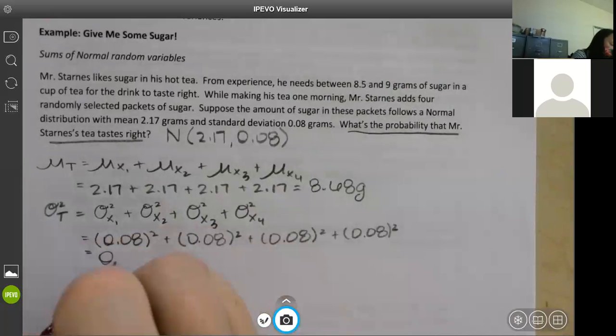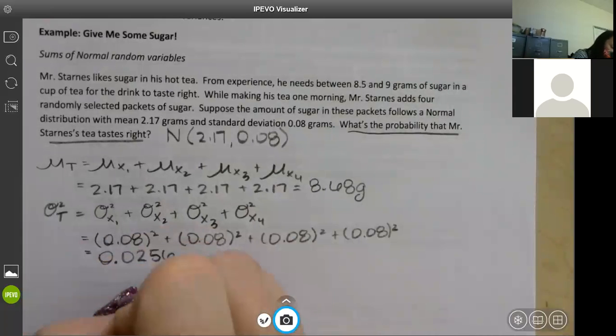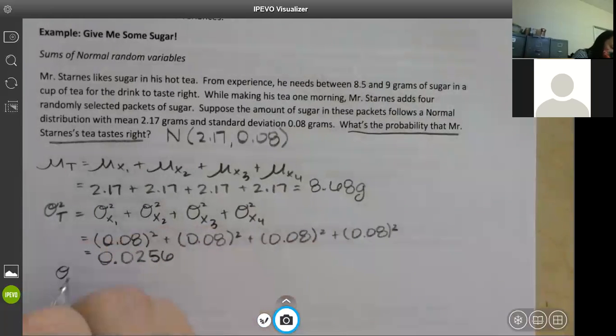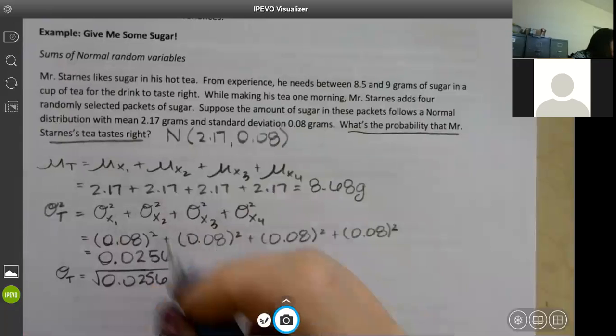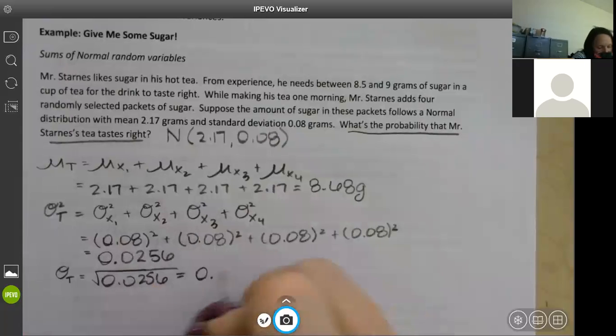When we add that, we get 0.0256. To find the standard deviation, we take the square root of that, which gives us 0.16 grams.